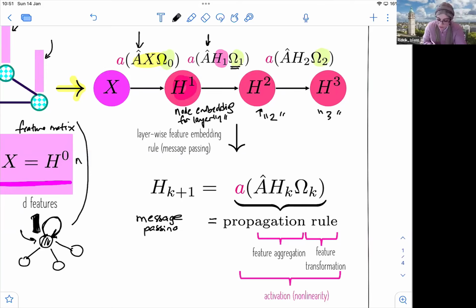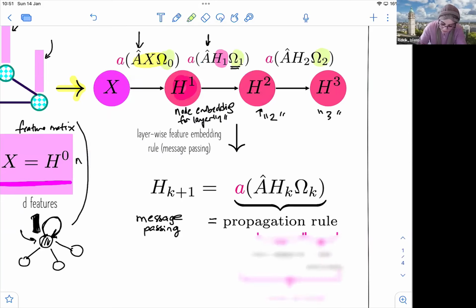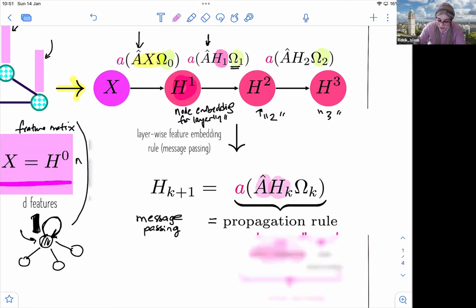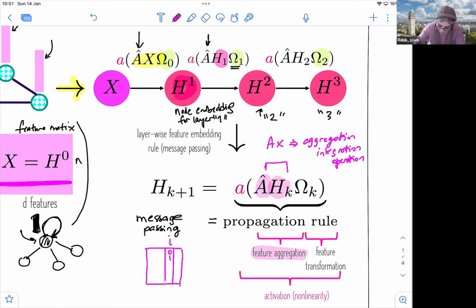In this rule, first, we do what we call an aggregation, basically multiplying the embedding by the A. Remember, guys, when we had the first lecture, we talked about A multiplication by a vector X as an aggregation or integration operation, okay? So basically what happens is that if you take the A matrix right here, and you take the node I, and you have, let's say, this type of connectivity.